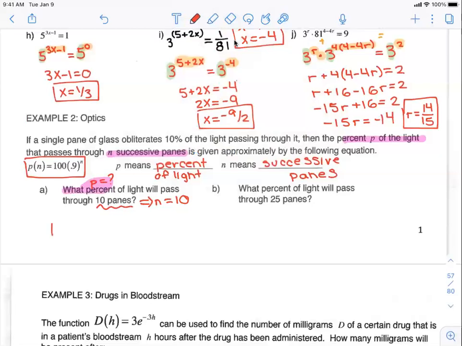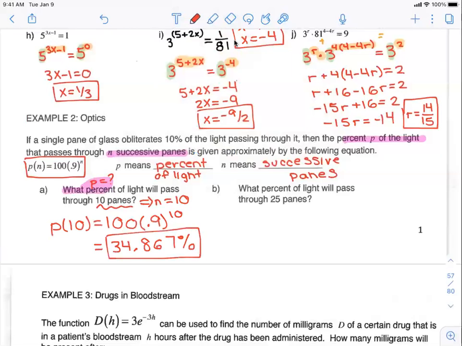So all you're doing is you're subbing in 10 for n, and you're using a calculator. You're literally plugging and chugging in. What you should get is 34.867%. Part B, what percent of light will pass through 25 panes? Okay, I'm going to say stop.